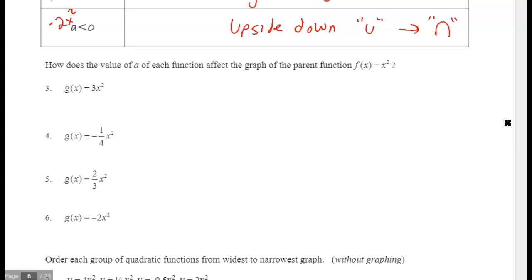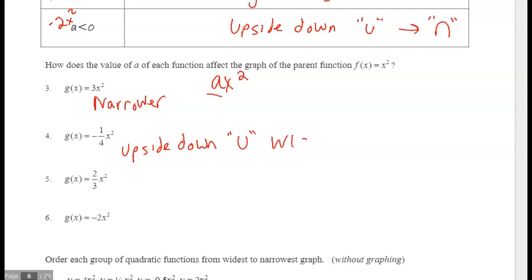So now they just want you to say how the value of a affects the graph. So again, remember a is in the ax squared. So this 3 makes it narrower. The negative 1/4 makes it an upside down u, and it's wider because it's 1/4.